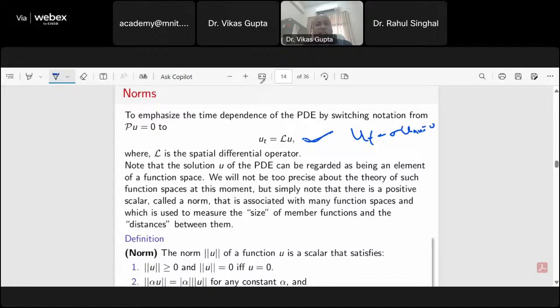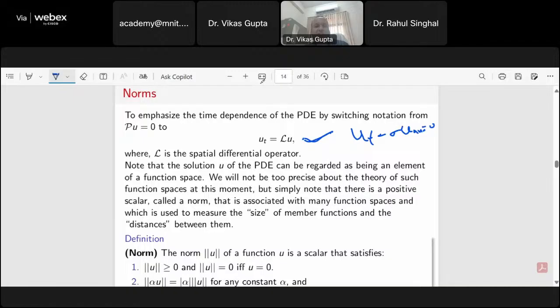And note that if we recall the classical theory of partial differential equations, it is well known that the solution u of any given PDE is considered as an element of a function space. Here we will not go into detail about the whole classical theory of function spaces, but simply we can note that there is always a scalar, called a norm, associated with a given element of a function space.